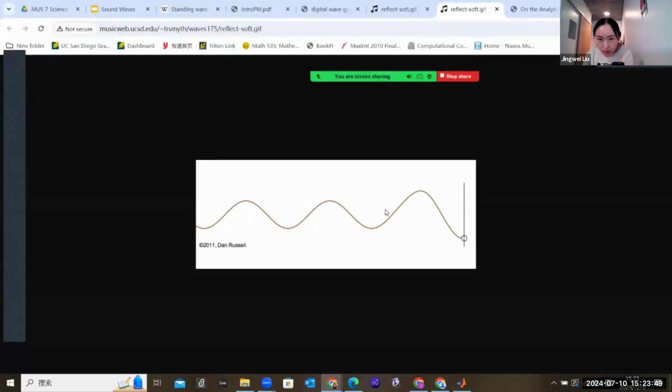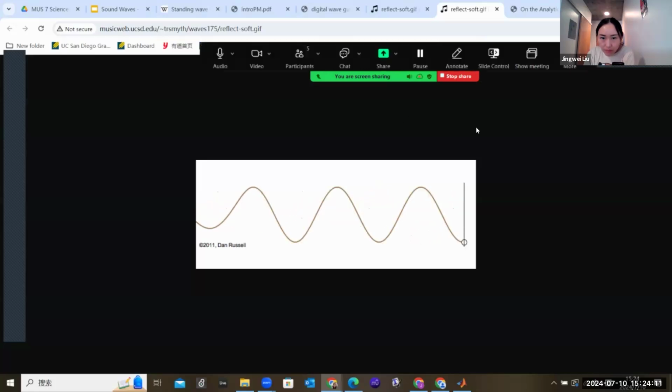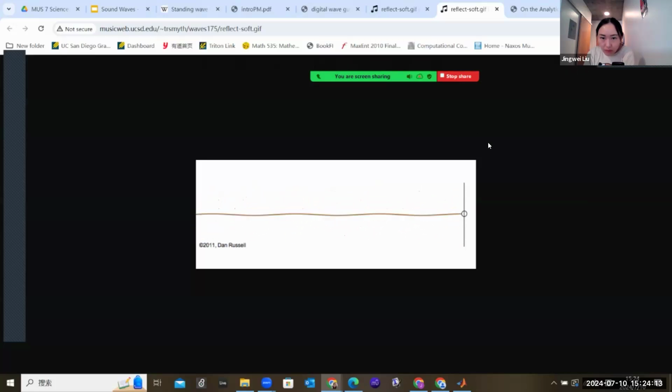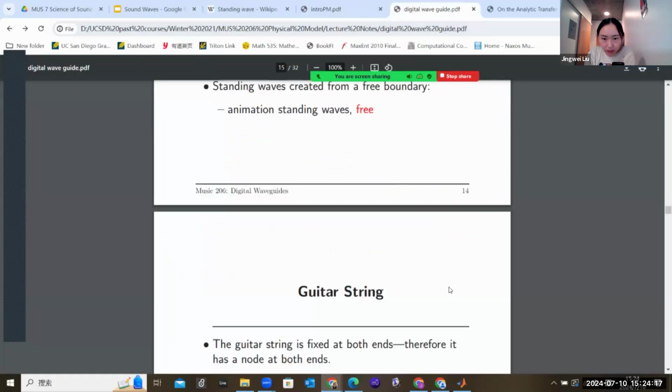It reflects without change of sign, and it forms a standing wave, and this free end is at the highest amplitude. Let's see it again. It reflects without change of sign.